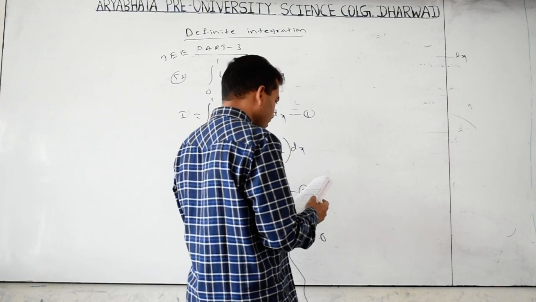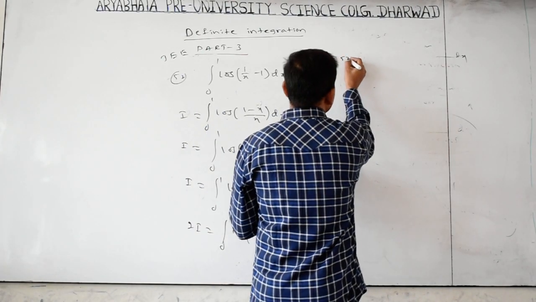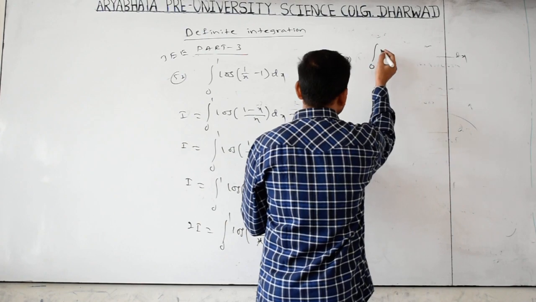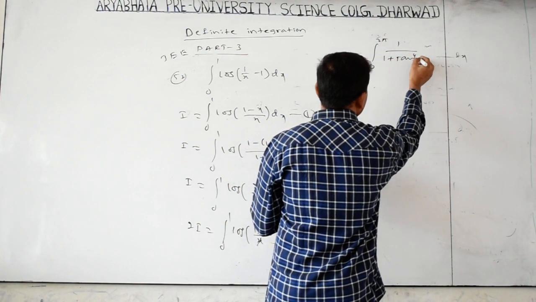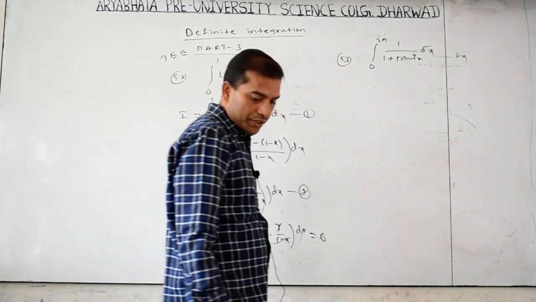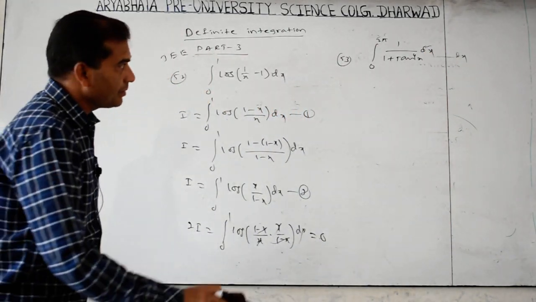Question: integration from 0 to 2 pi of 1 by 1 plus tan power 4 x dx. Which property does it contain?